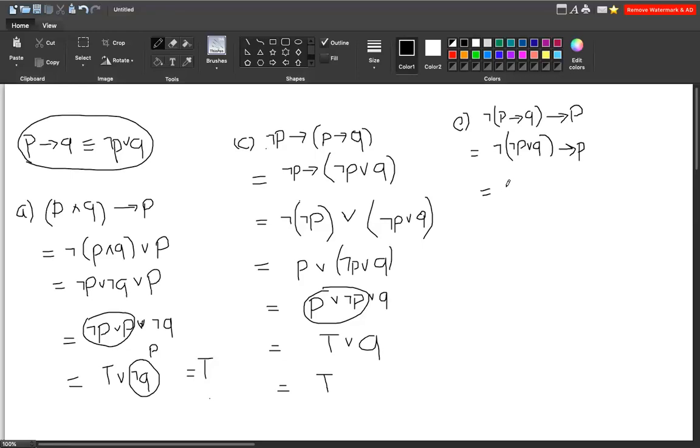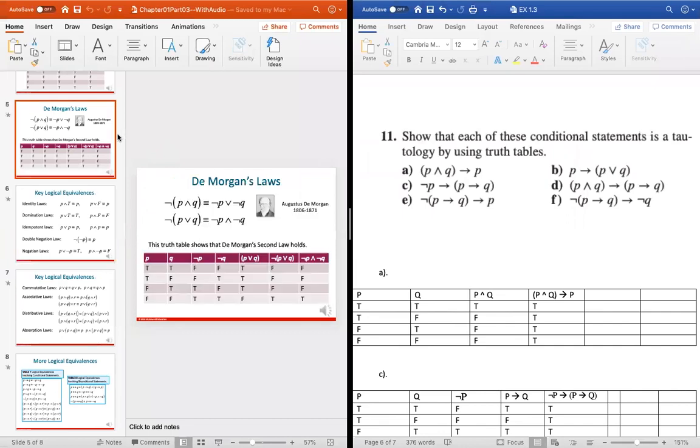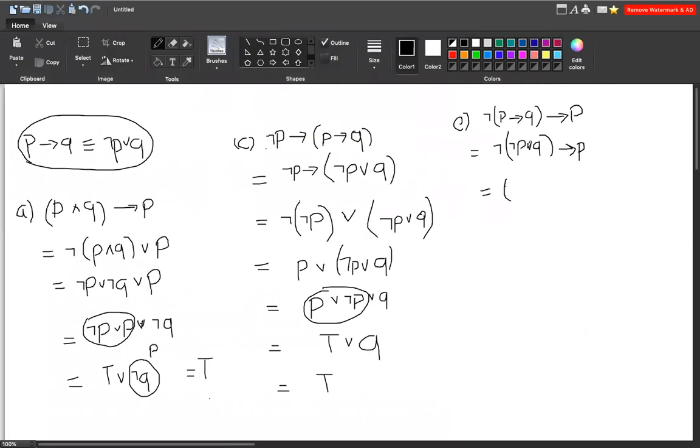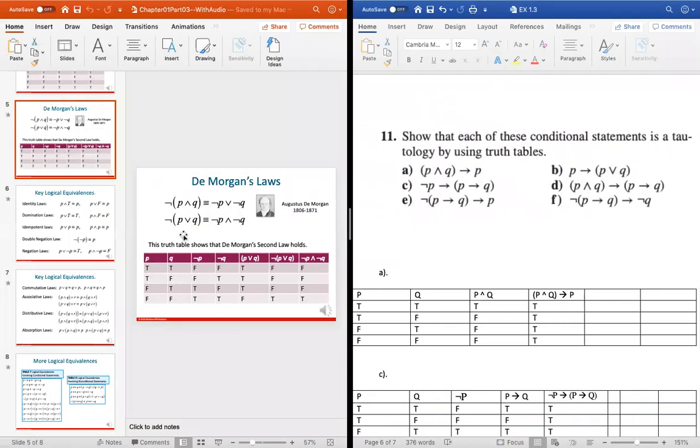Now negation. Let's first do the negation here because this has more precedence than this implication sign. So we will be applying De Morgan's law. Negation of P or Q. Something inside is or.